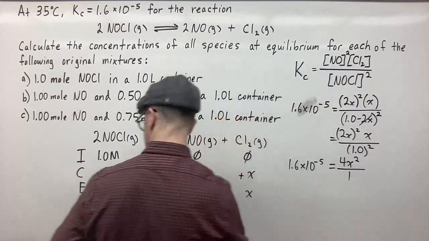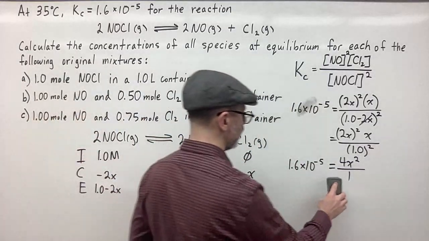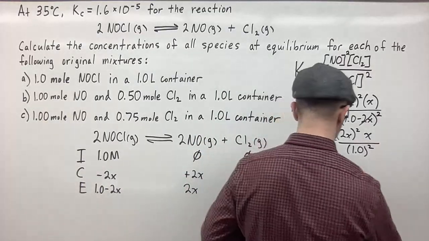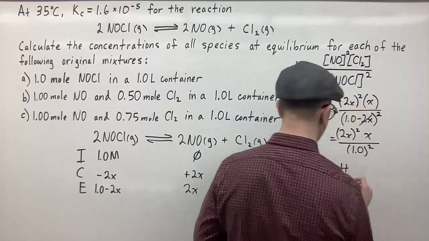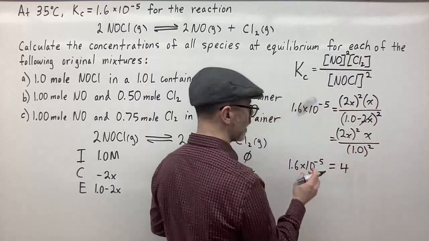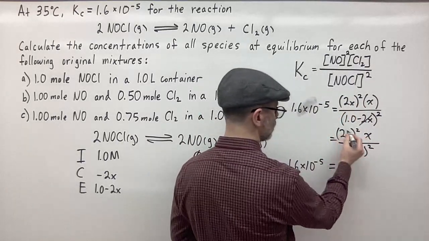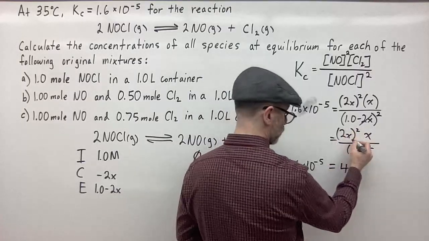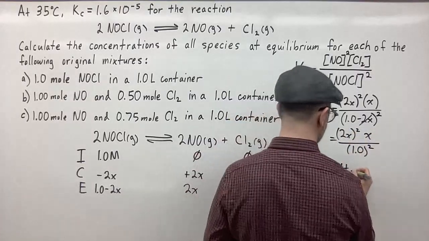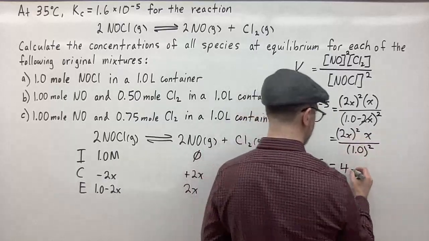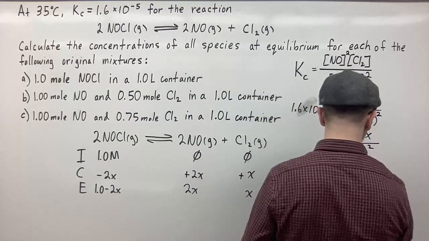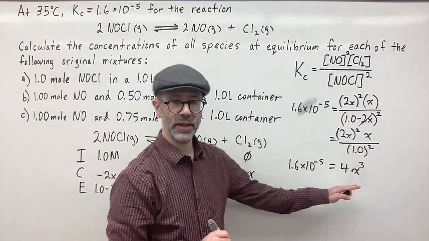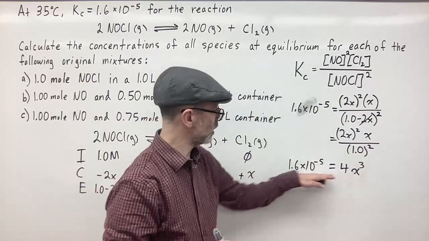We don't need the 1 here, so we can rewrite this as 4x. Oops, I meant 4x cubed, right? Because this is 2x, all of it squared is going to be 4x squared, and then multiplied by x is going to be 4x cubed. Sorry about that.